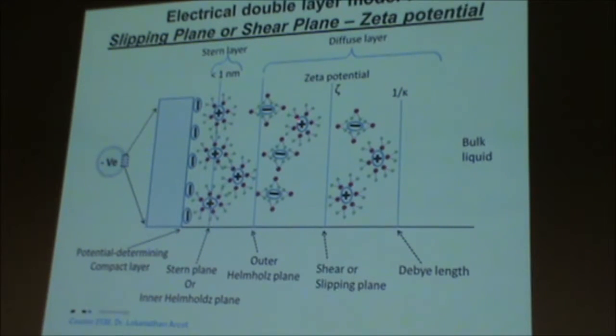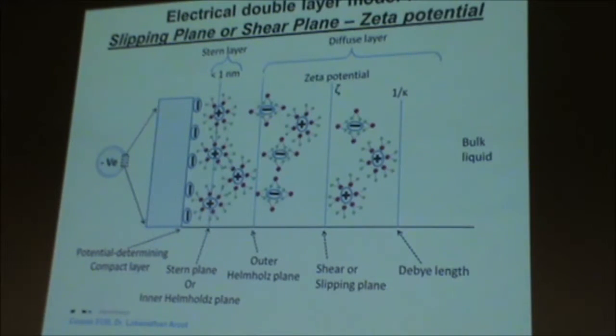Now imagine that this particle is moving in a solution. The question is, how much of the liquid travels through and how much of the liquid travels with the particle? I'll draw something to make it easier. If you take a particle, there is liquid everywhere.